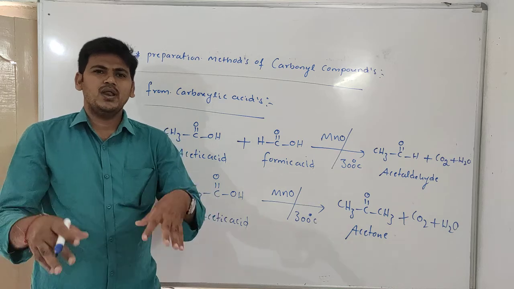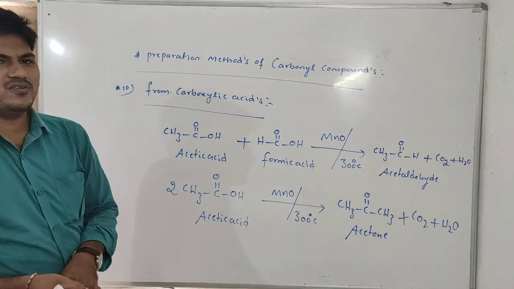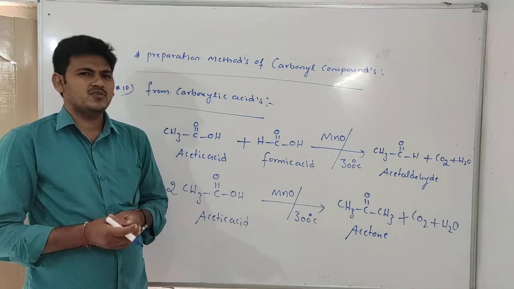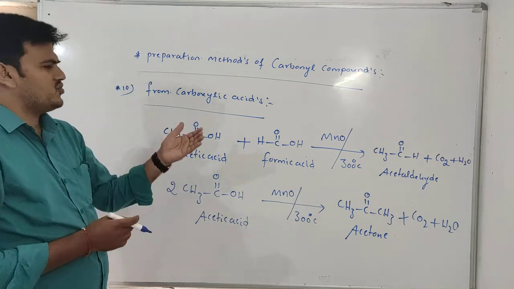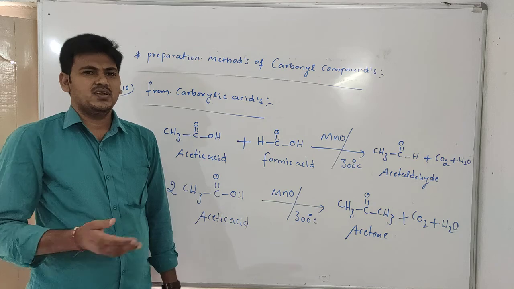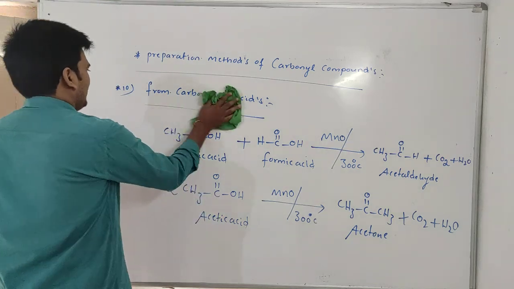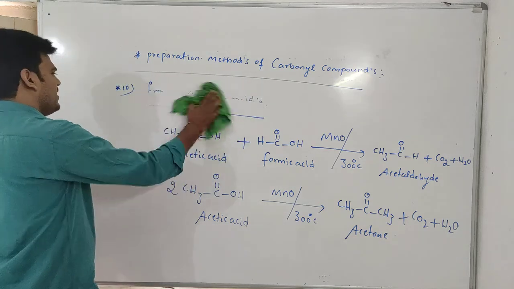The main carbonyl compounds are aldehydes and ketones, that is acetaldehyde and acetone. So the 10th method is from carboxylic acids, and the 11th method, the last and final method, is from gem dihalides.